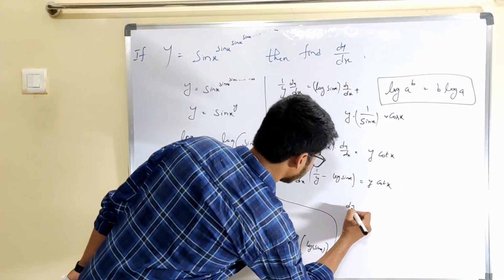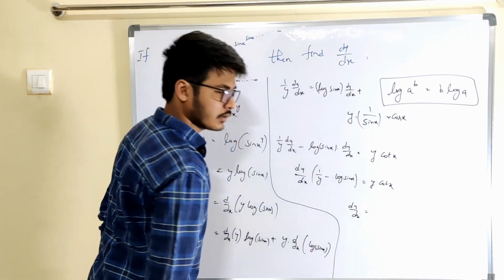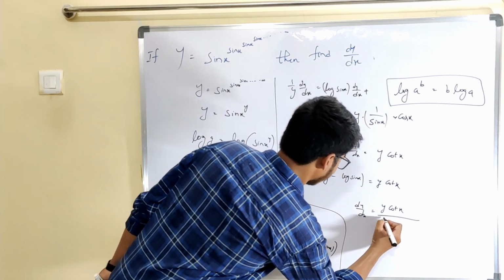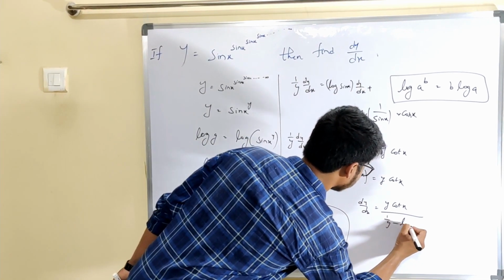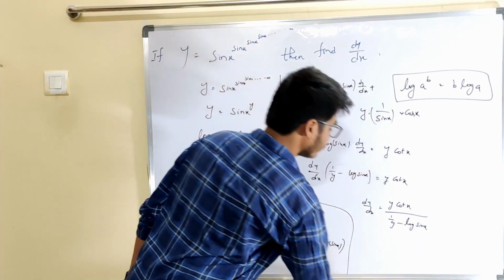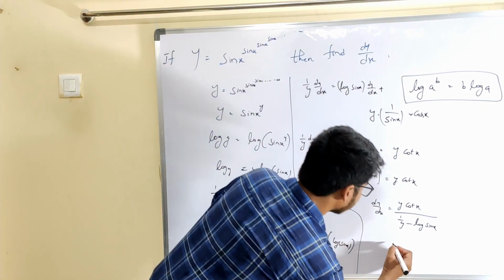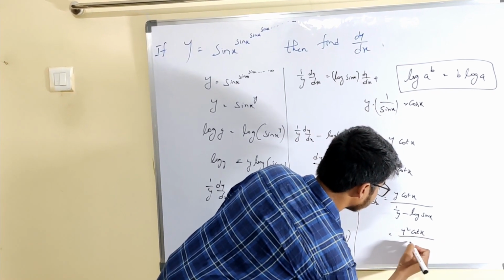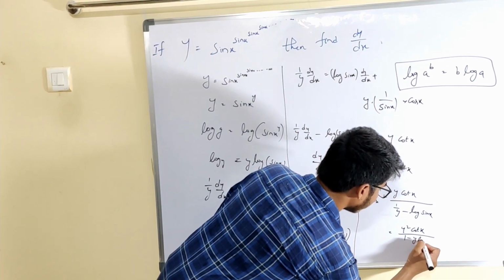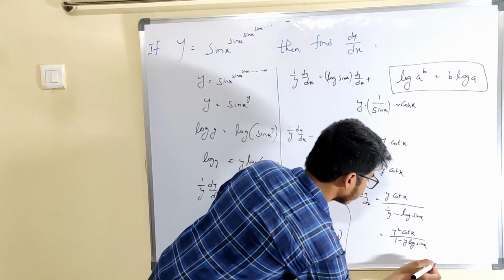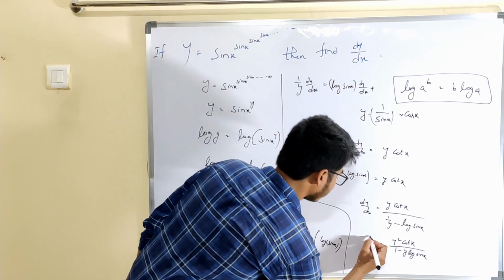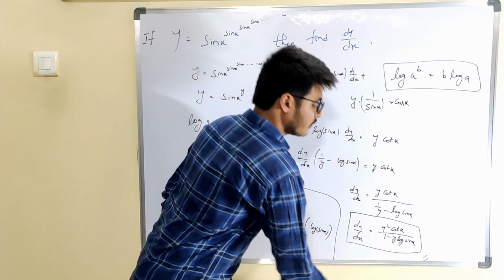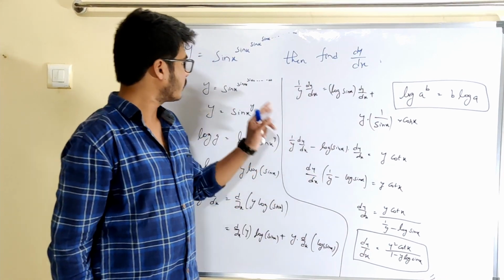So dy by dx is equal to y cot x by (1 by y minus log sin x). So it can be written as dy by dx is equal to y square cot x by (1 minus y log sin x). This is the solution for our given question.